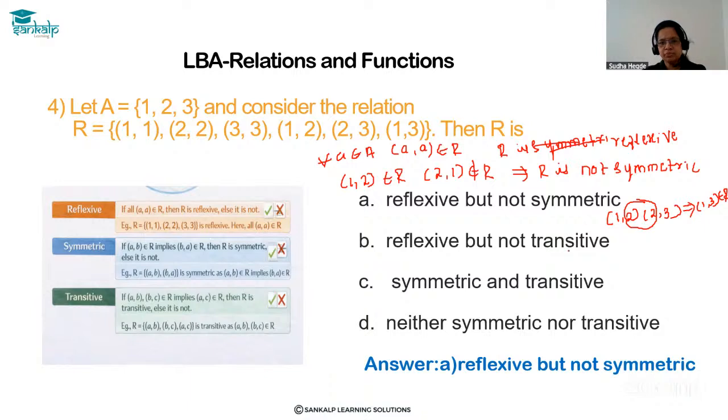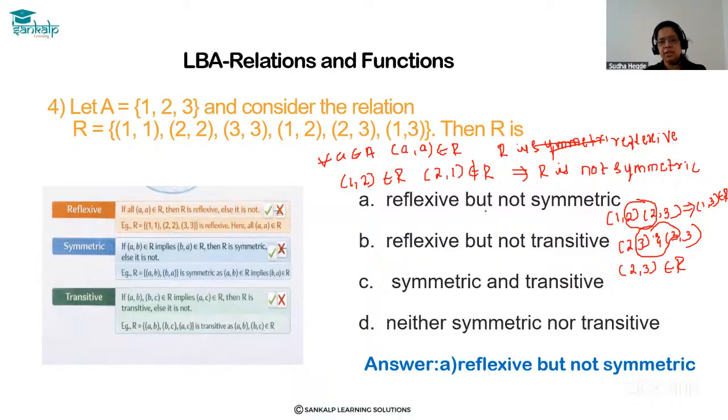Now take another such pair. Which one can you take? (2, 3) and (3, 3). See, these two are same. So (2, 3) also belongs to R. So for this pair also it is true.